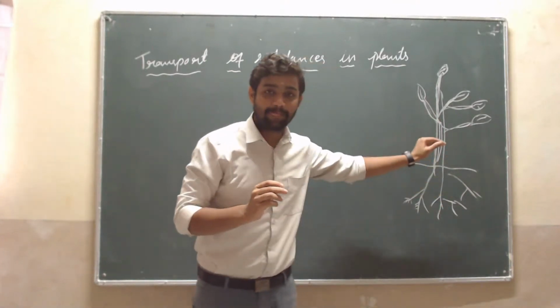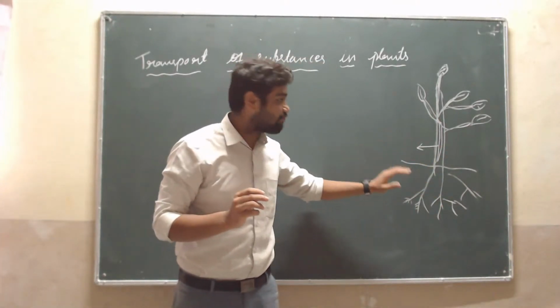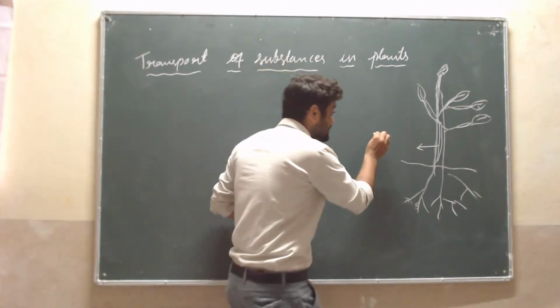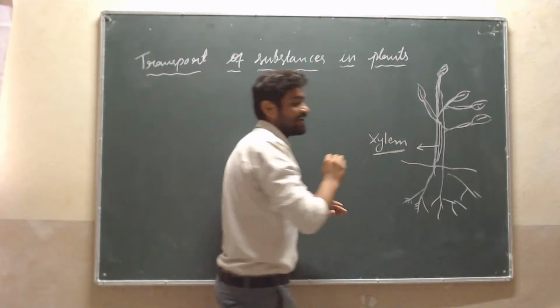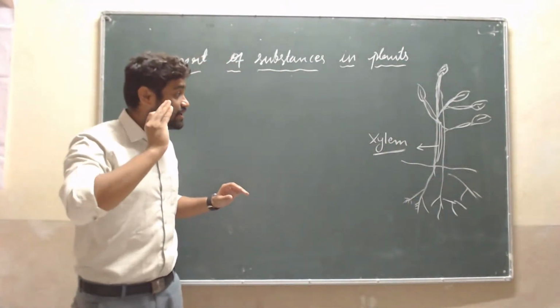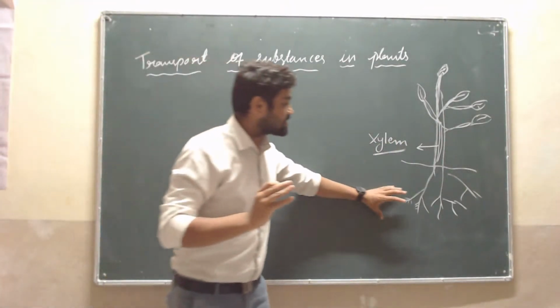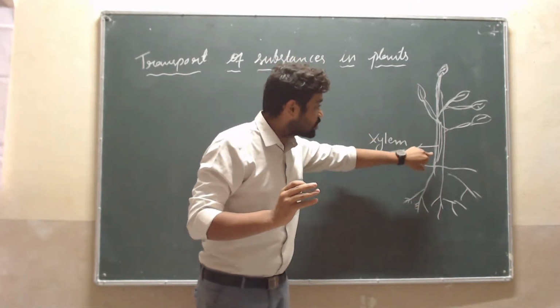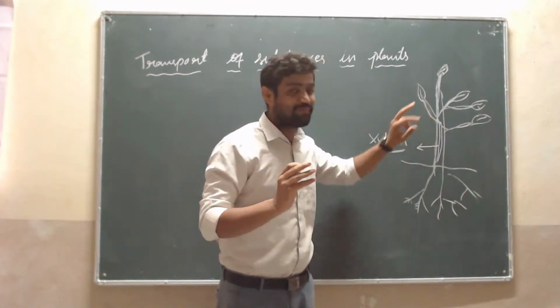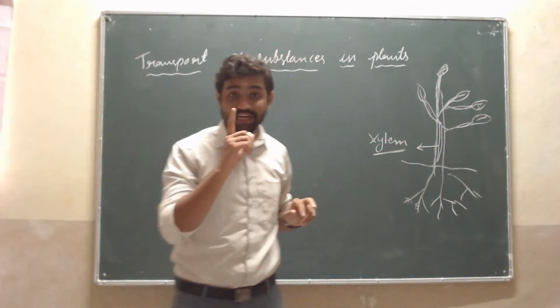The water pipe is called xylem. Xylem is helpful for transportation of water from roots to leaves, through the stem as well as branches.